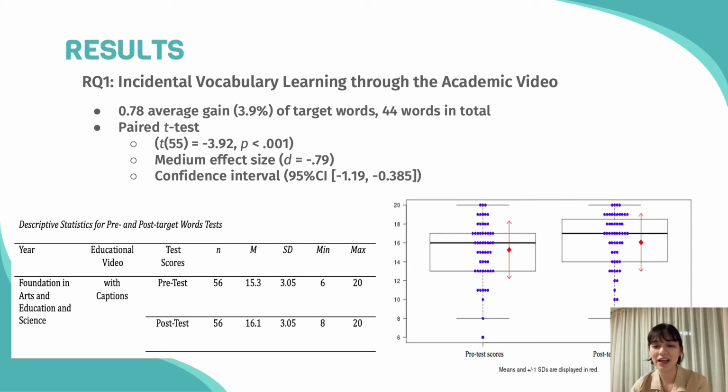After checking if the data fit the assumptions, a paired sample t-test was conducted, and it showed a statistically significant difference in the pretest and the post-test scores, with the median effect size and confidence interval showing practical significance. Therefore, the null hypothesis was rejected, and findings suggested that watching academic videos enabled incidental vocabulary learning for ESL learners in this study.